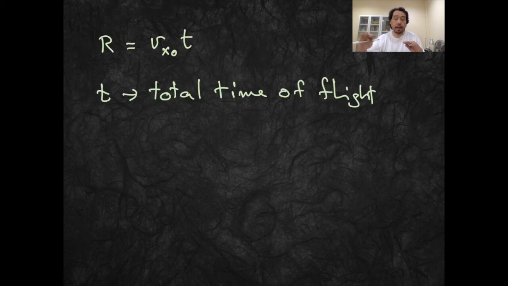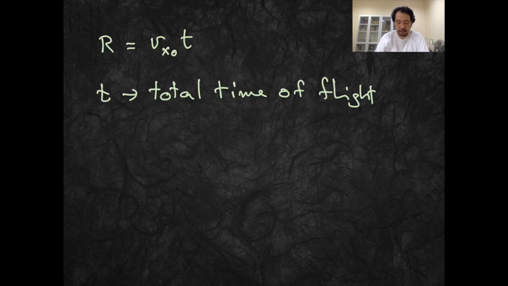But in the vertical direction, eventually the object will come back to the ground, and that is the moment the object stops. So we have to go back to the vertical motion to calculate the time of flight.